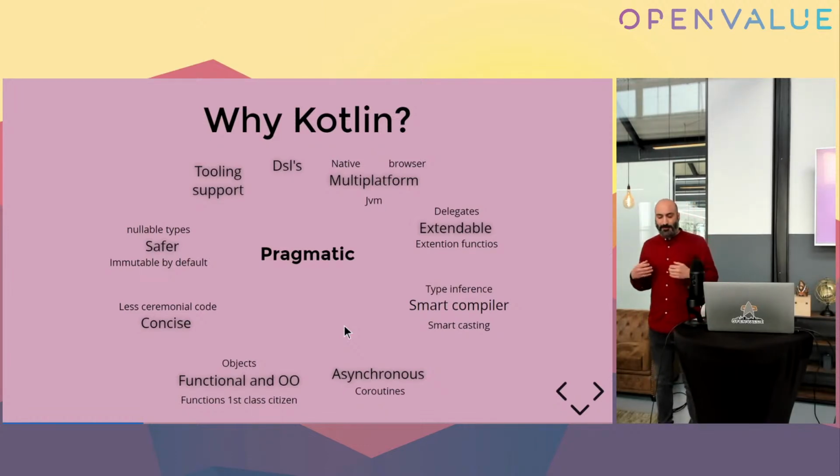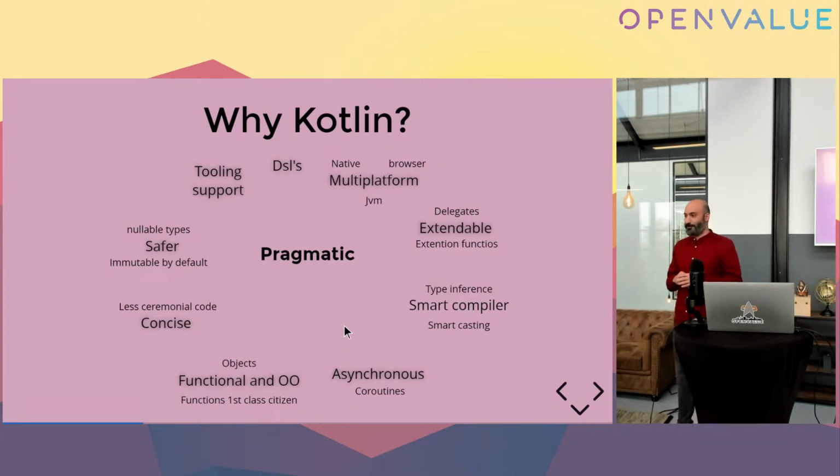What that means, if you come from Java, is that functions can be passed around to other functions and returned, and you don't have to declare them specifically in a class. You can just declare them everywhere, you can assign them to variables, and you can also extend them. So functions are really first-class citizens. If you want to do some functional programming, that can be handy.